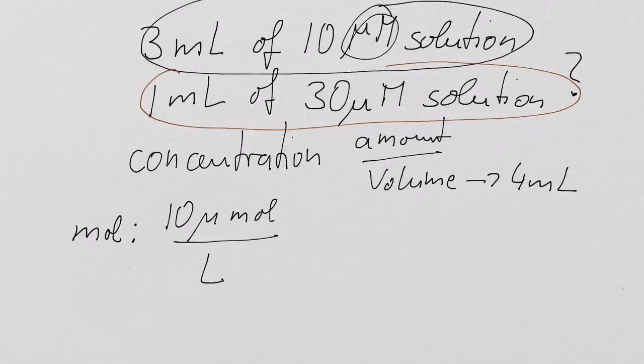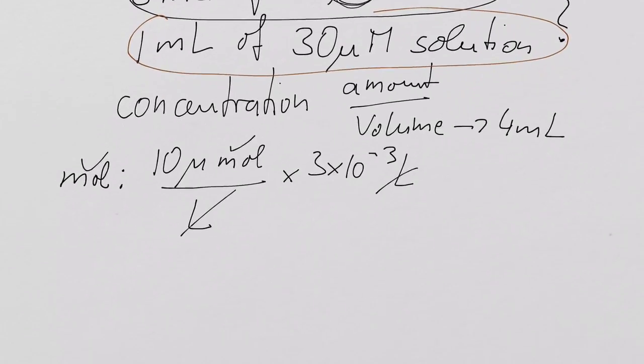That's this guy here. Yeah? And the mole here is okay. What do I do with the liters? Times 3 times 10 to the minus 3 liters, so the liters cancel out.